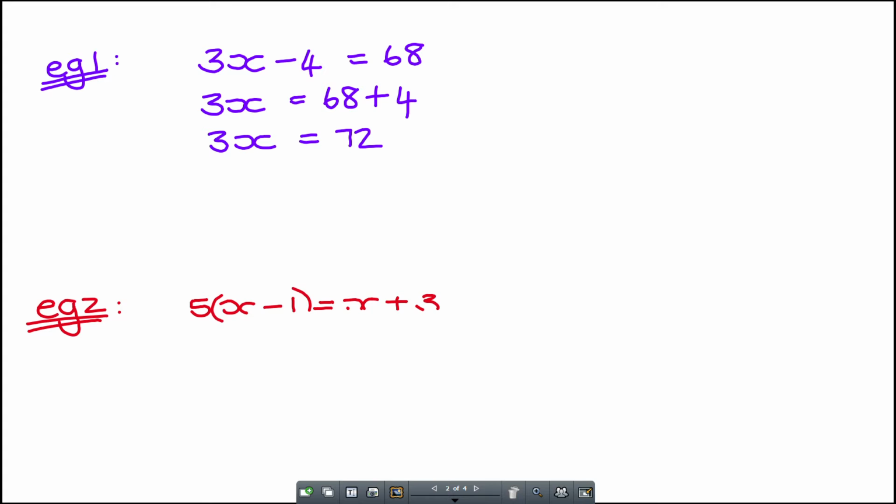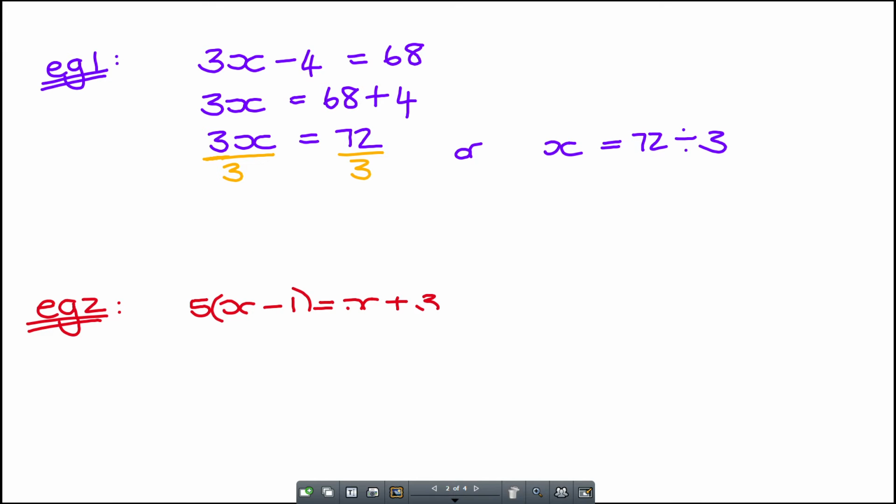Step 3 says get rid of the coefficient, meaning get rid of that 3. How do I get rid of that 3? That's actually 3 times x. So how do I get rid of it? I divide by 3 on both sides, which means that I know some kids like saying x is equal to 72 divided by 3.